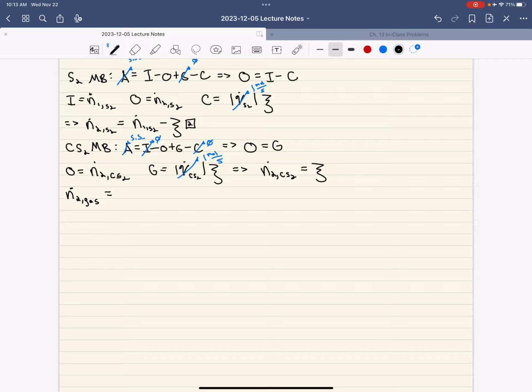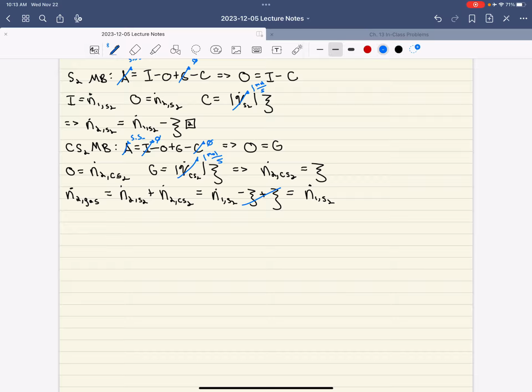We don't care about carbon at this point. So in the gas phase, we have the moles of sulfur and the moles of CS2. And based on our material balances, we could write them like this. Right. And so the psi will cancel.